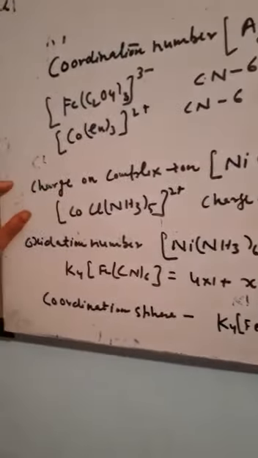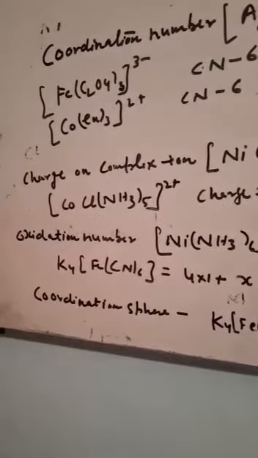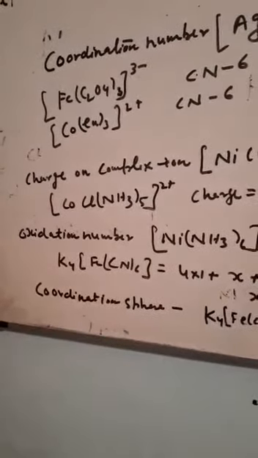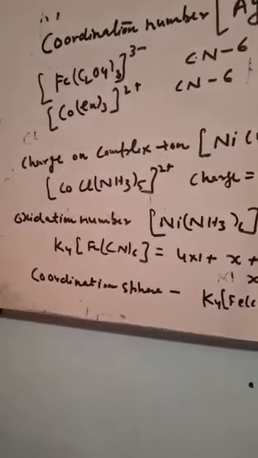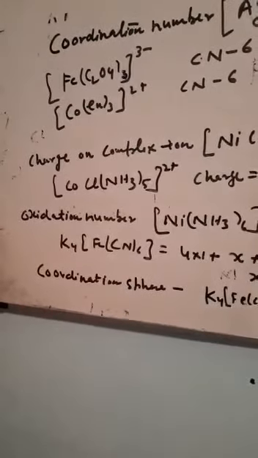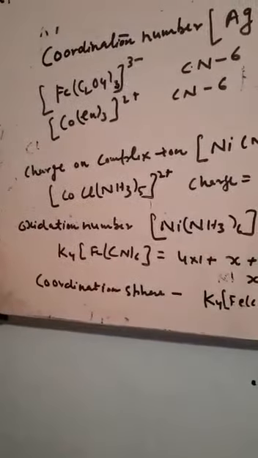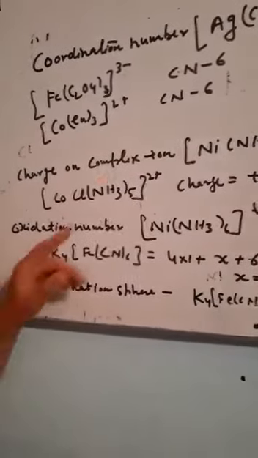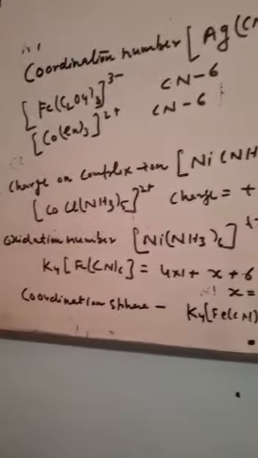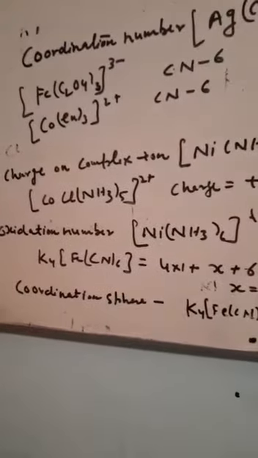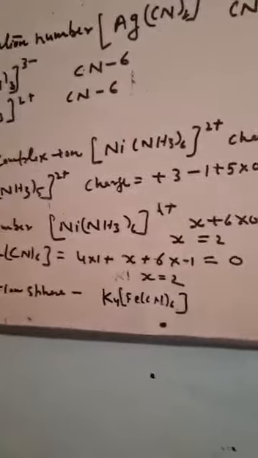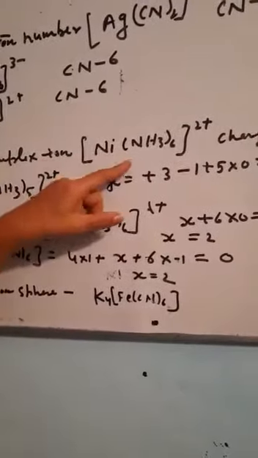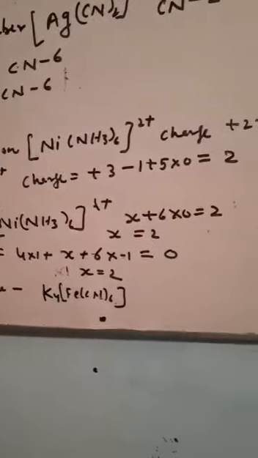Now I will tell you about the charge on a complex ion. When you write the name of these compounds, or make the formula of these coordination compounds, you have to put the charge. The charge on a complex ion is the algebraic sum of the charge present on the ligands as well as the central metal.